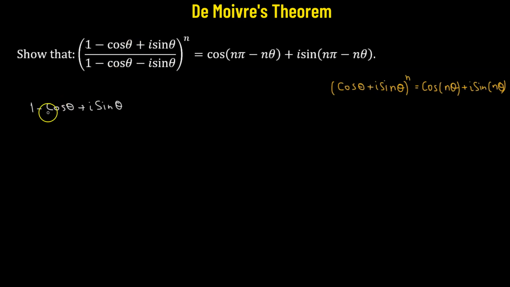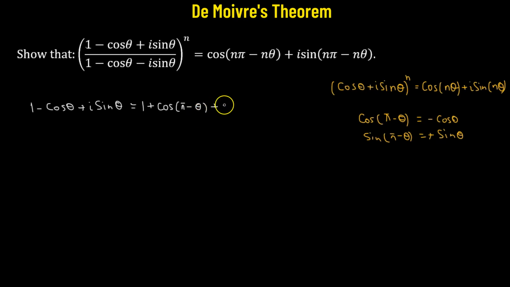We'll try to make this negative positive by using the fact that cosine of pi minus theta equals negative cosine theta, and sine of pi minus theta equals positive sine theta, which means we will have 1 plus cosine of pi minus theta plus iota times sine of pi minus theta.